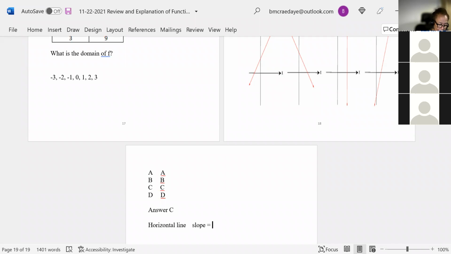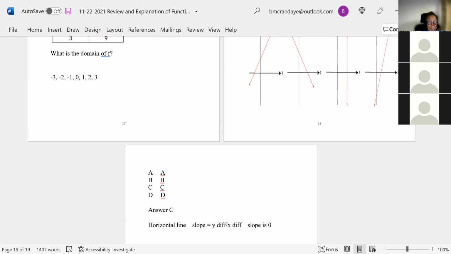The difference in Y over the difference in X, right? So if your Y difference is the same, then you'll have 0. So your slope is going to be 0 divided by a number. So your slope is 0.